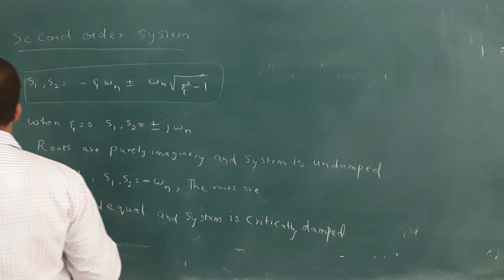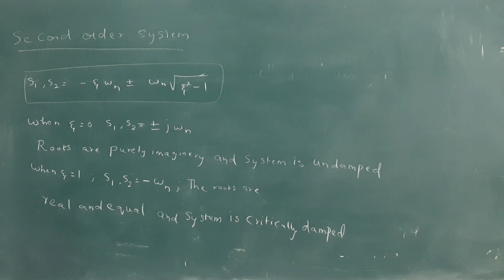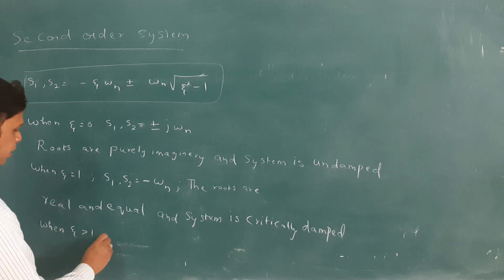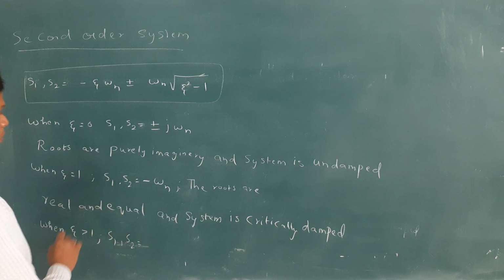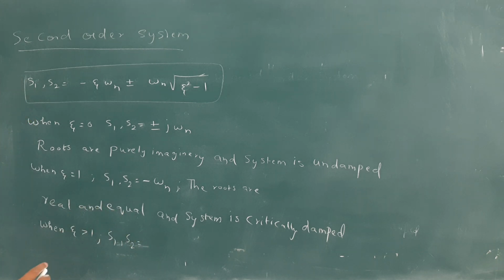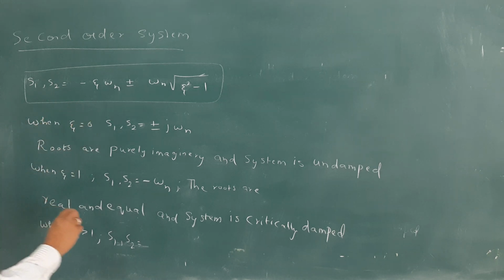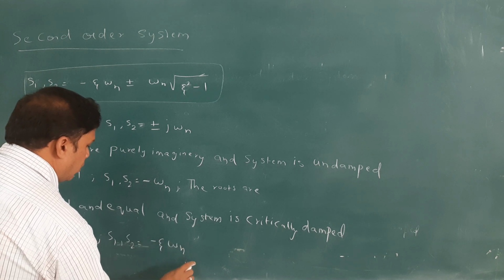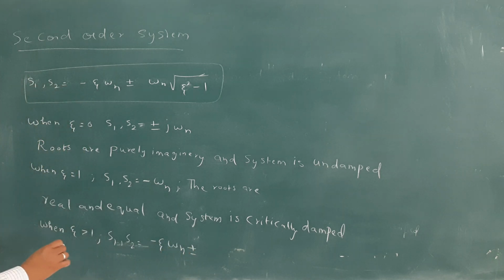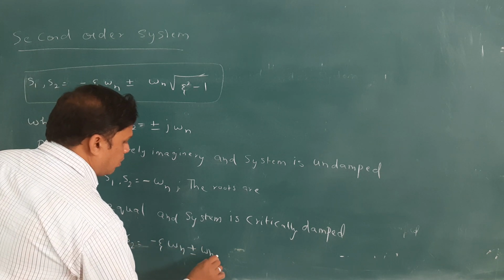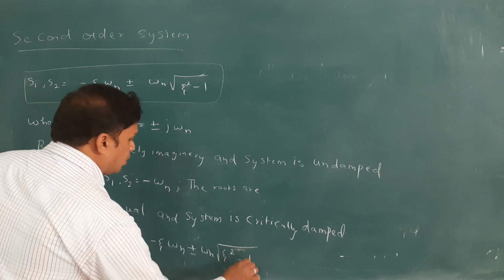Now, zeta is greater than 1. When zeta is greater than 1, what is the system? What are the roots here? S1 comma S2 is equal to minus zeta omega n plus or minus omega n into square root of zeta square minus 1.